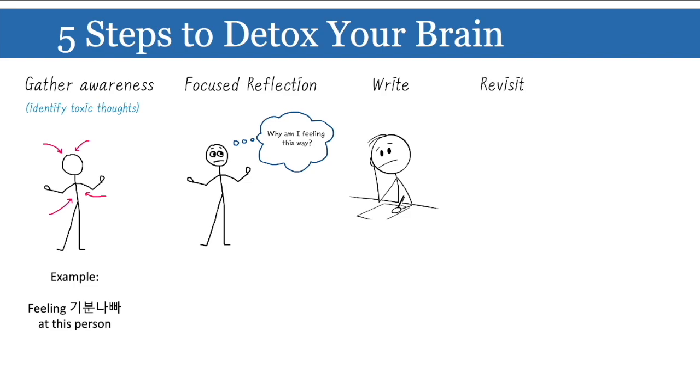So you will be writing. Next, revisit. In this step, you evaluate what you have written and build a new healthy thought. In my case, I came to think, actually, what she thinks of me, her opinion about me, is not important. She's just one person in this whole universe, and she has no power over me. My feelings don't have to be impacted by her opinion or her immaturity. So why feel bad? I don't have to feel bad.